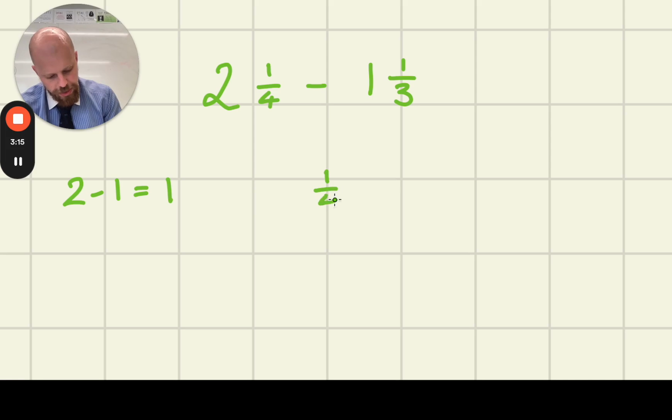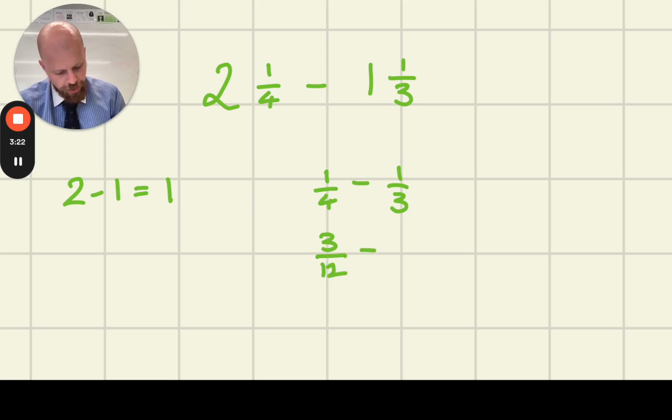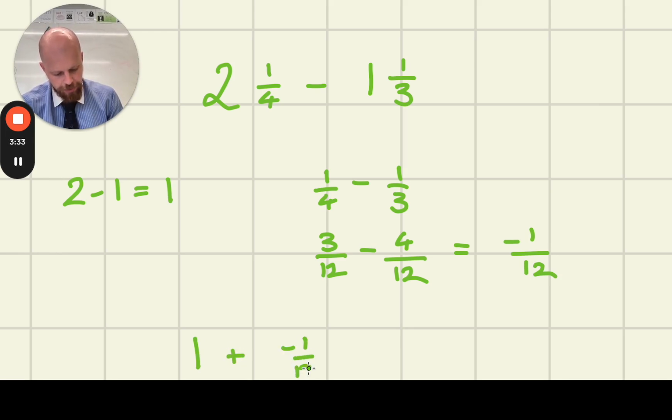And then 1/4 minus 1/3, we have common denominator of 12, so I times the left fraction by 3 and the right fraction by 4. 3 minus 4 is minus 1. So what I'm left with is 1 plus minus 1/12.